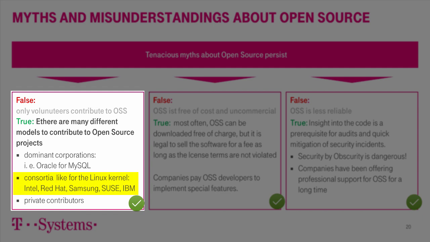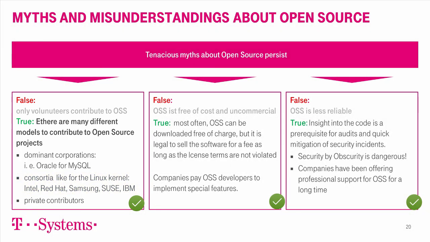Under this organization, individual persons employed by the members contribute to the software. Actually, this model where paid developers contribute to open source is the predominant model today, at least for the larger projects.